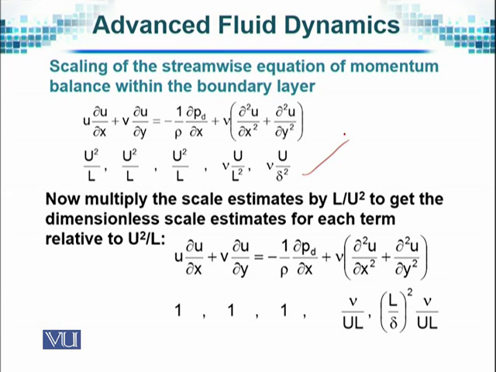And then, as we have seen in our earlier slide, we want to normalize these terms. For normalizing, we divide each term by U squared over L, or multiply each term by L over U squared. Then we get the first term to be of order 1, and so is the second term.